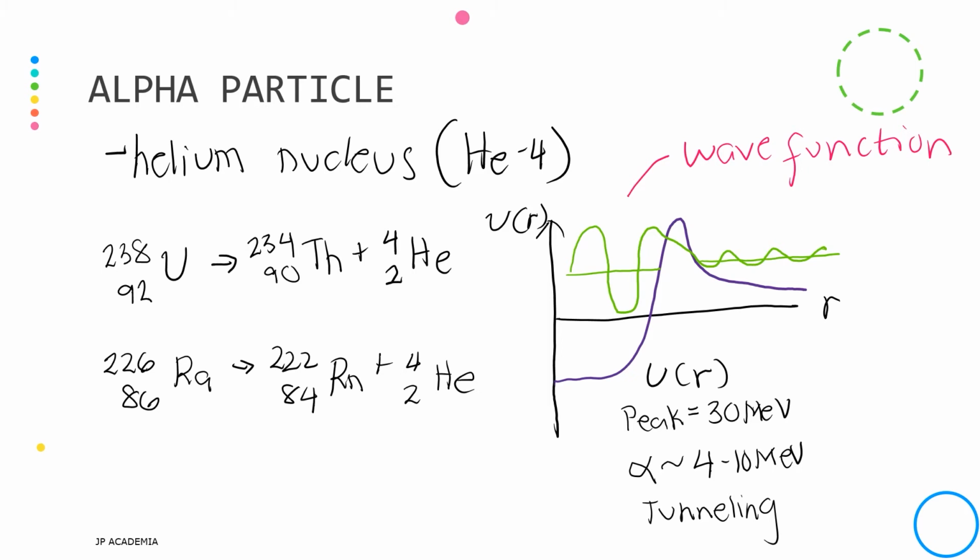From a classical physics perspective, it is not possible for a 4 to 10 mega electron volt alpha particle to leave the nucleus with a peak potential barrier of about 30 mega electron volts. However, quantum tunneling allows a finite chance of leaving this barrier.